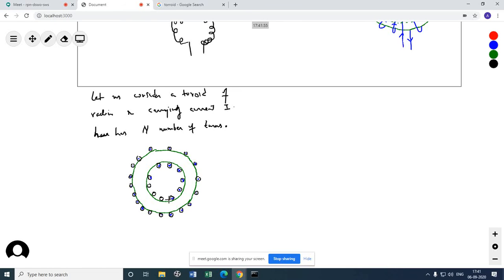So the toroid has been cut. As it has been cut, what do I get here? And then I will define one imaginary loop, known as the Amperian loop.